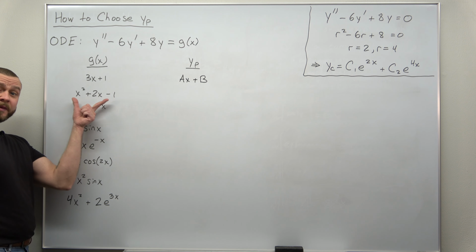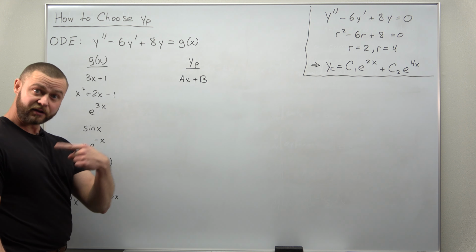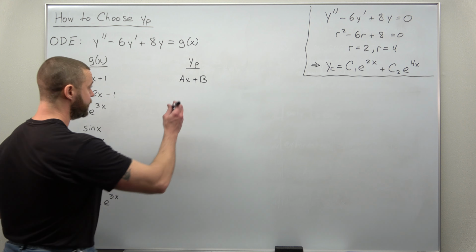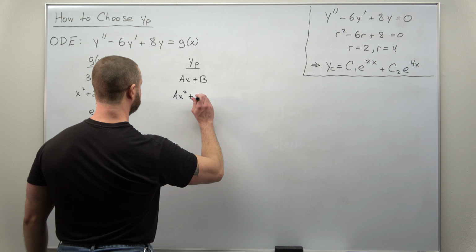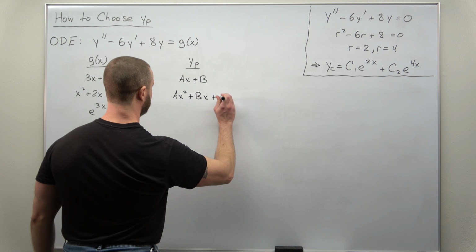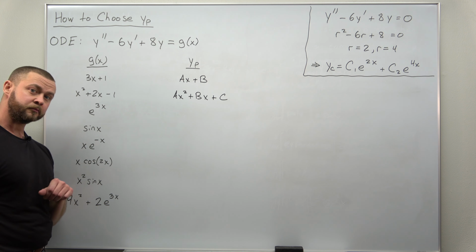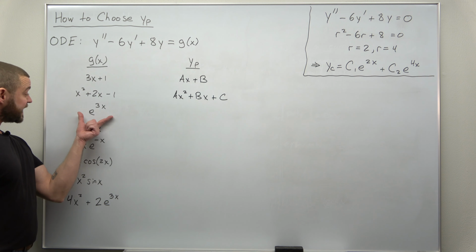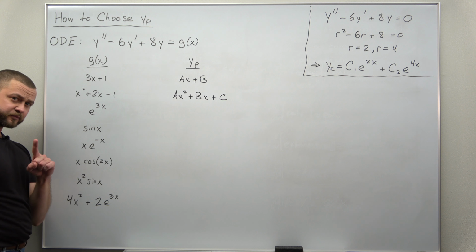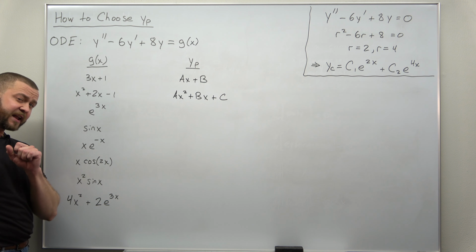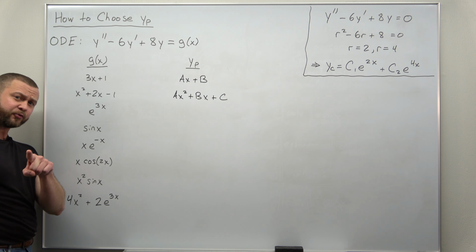This g of x is a degree 2 polynomial, so we might try a general degree 2 polynomial, ax squared plus bx plus c. All right, let's go to the next example. If g of x is e to the 3x, now that's an exponential function, and just think how you would differentiate that with the chain rule.